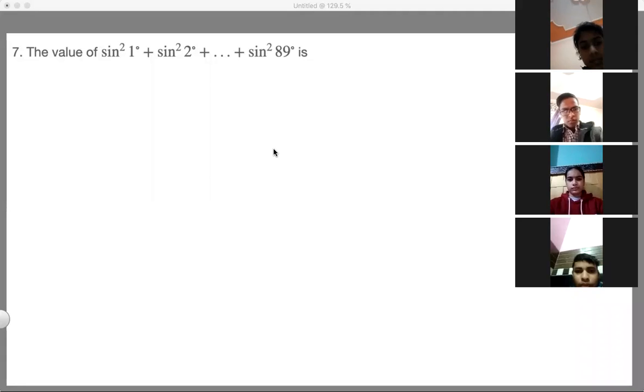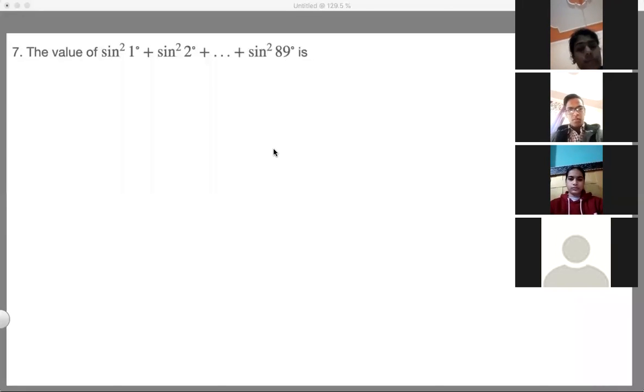The value of this expression starting from sin square 1 plus sin square 2 degrees all the way to sin square 89 degrees.